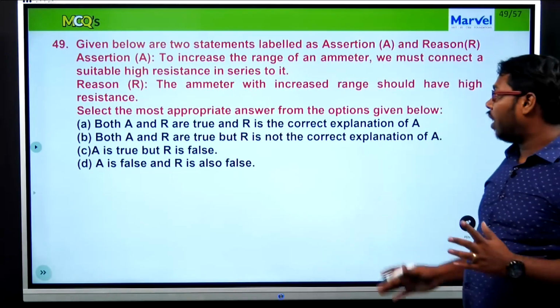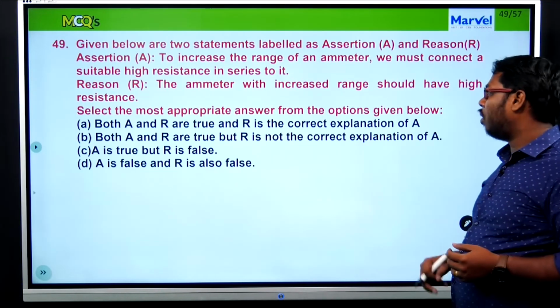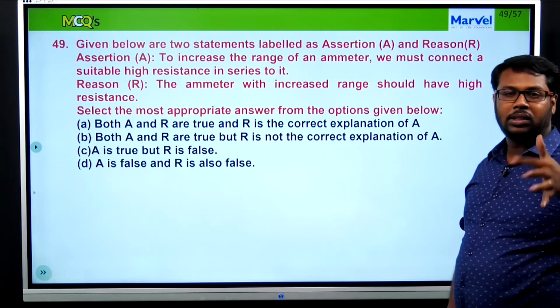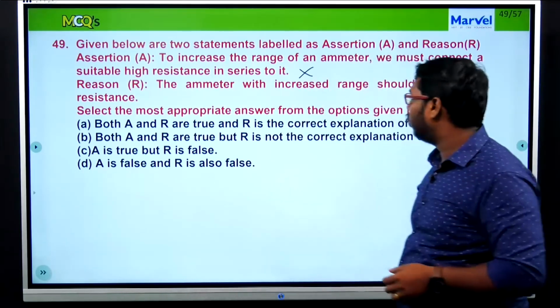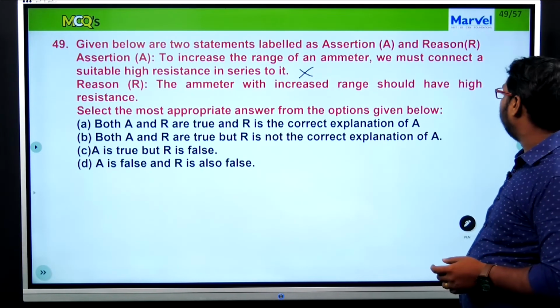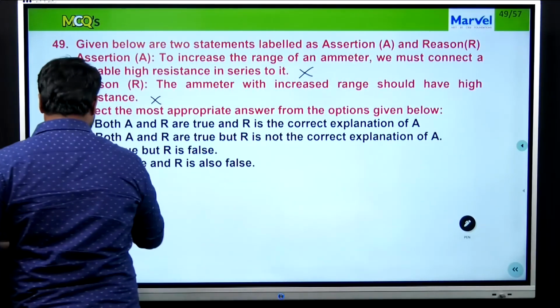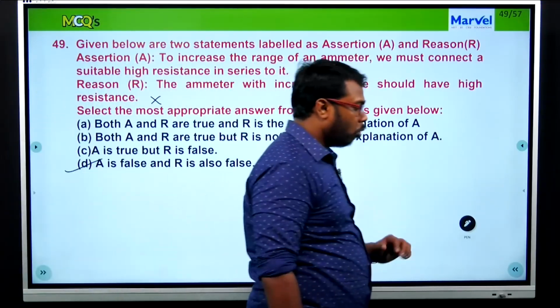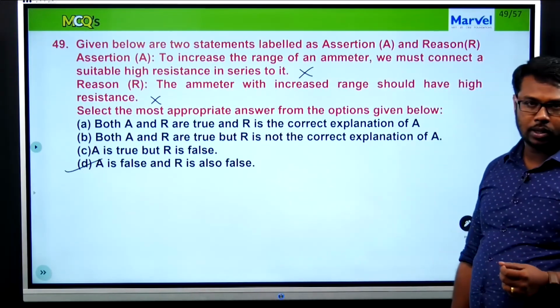So first we have to analyze. If we are going to convert a galvanometer to an ammeter, we have to connect a low resistance in parallel with it, which is called a shunt. So your assertion is wrong. Next, ammeter with increased range should have high resistance. That is also wrong. So this makes our job very simple. Both the statements are wrong. So option D should be your correct answer.